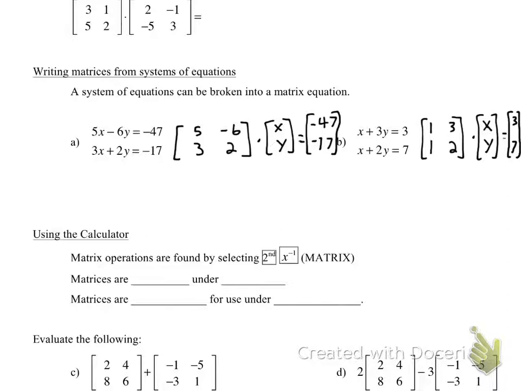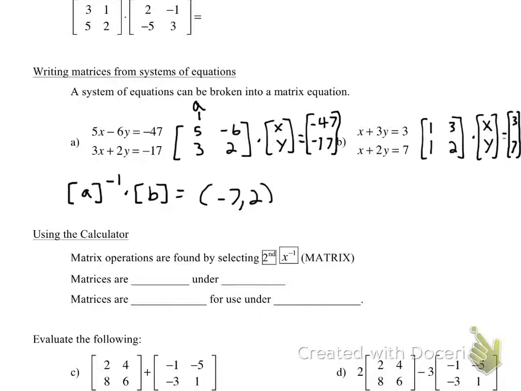Alright, so next I'm going to walk through how to use your calculator to solve these equations by using matrix equations. As you can see, this is for question A. If I made a matrix A, this would be A right here.